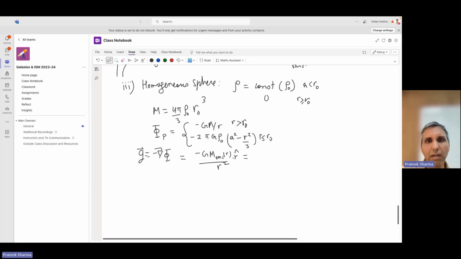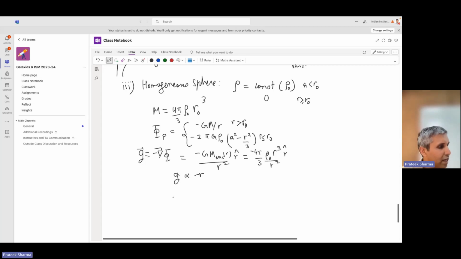So the M enclosed for r less than r naught is 4 pi by 3 rho naught r cubed, by r squared, r hat. If you plug in the enclosed mass, this is what you get. So this gravitational acceleration is proportional to minus r.